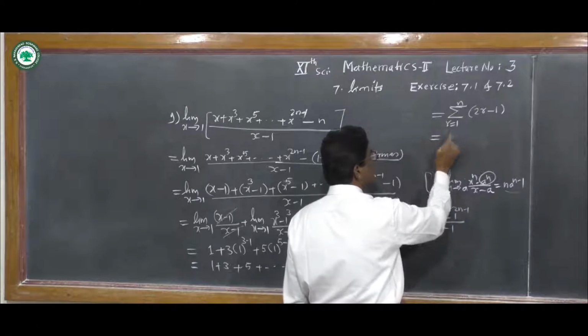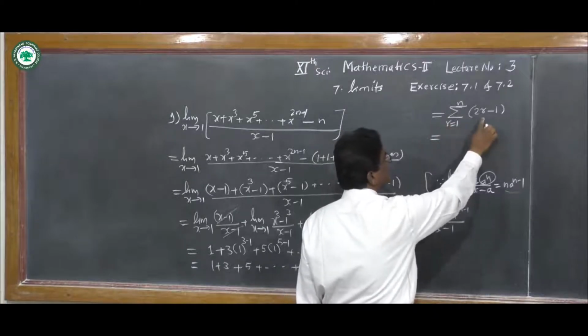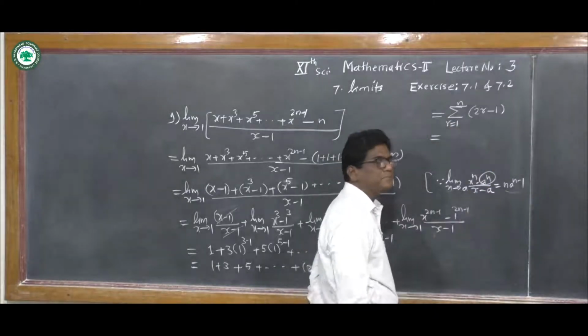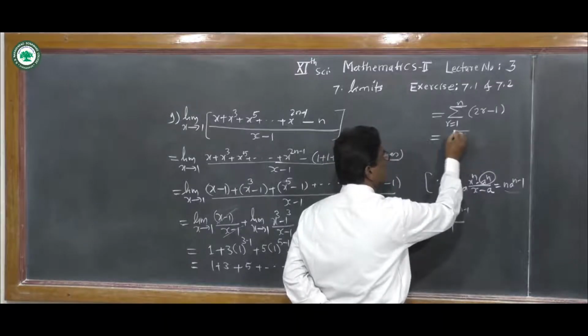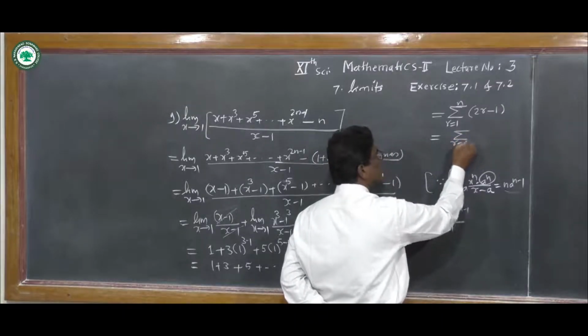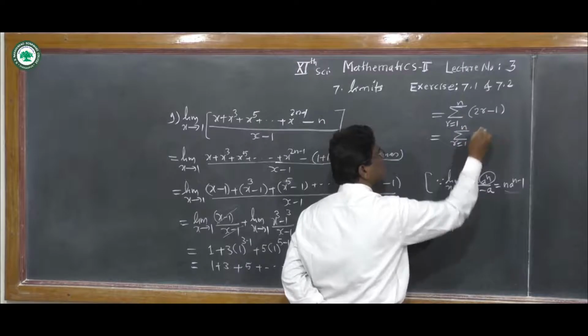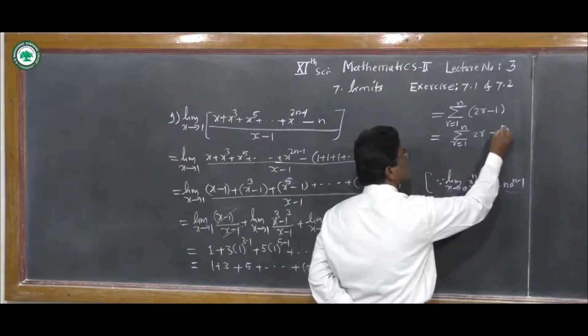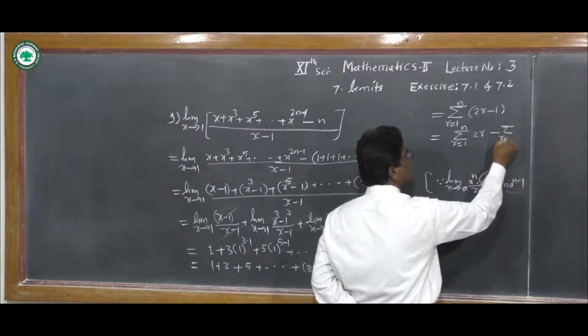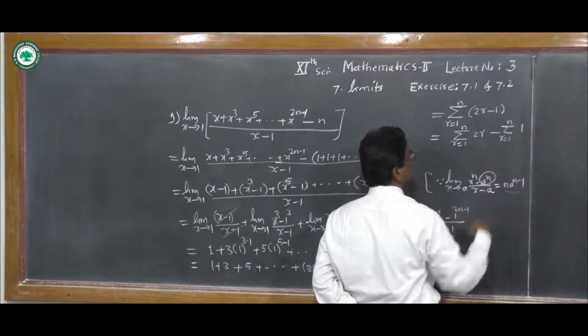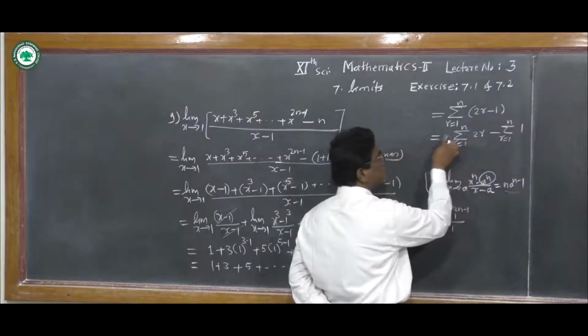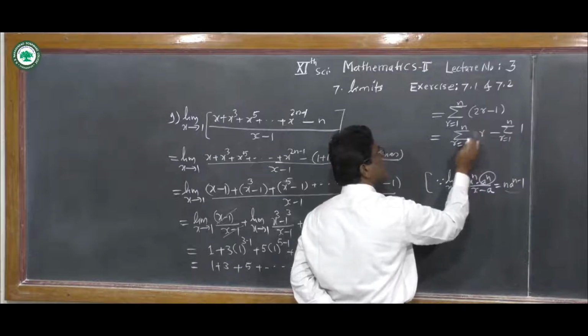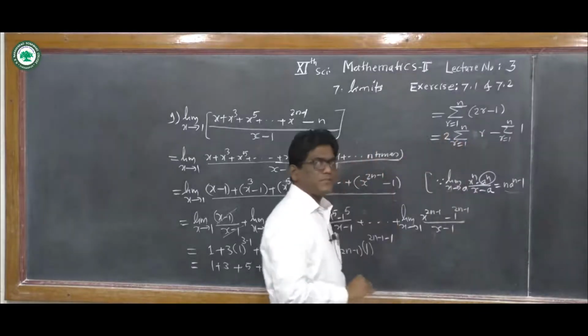So it is equal to, now we multiply by this summation to every term inside the bracket. So we get here summation r from 1 to n, 2 times r, minus summation r from 1 to n, 1. Now these two constants we take outside the summation.